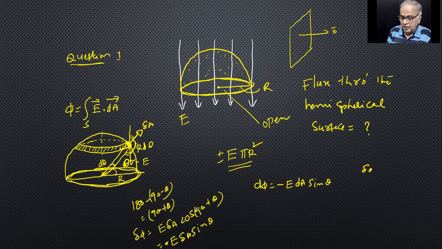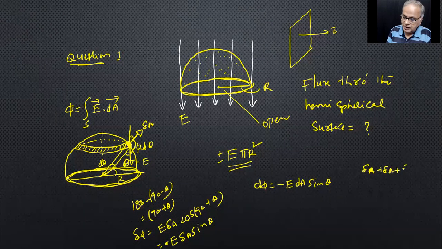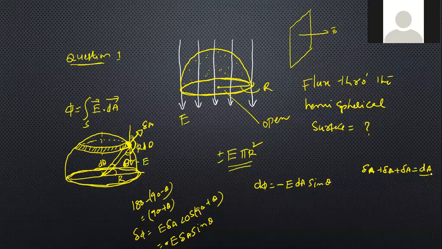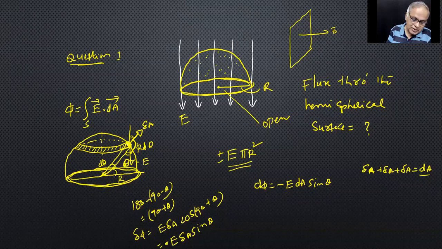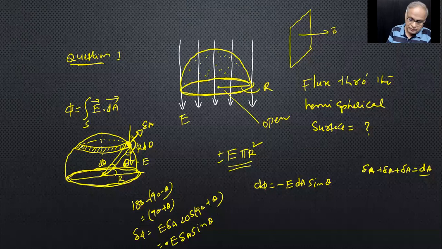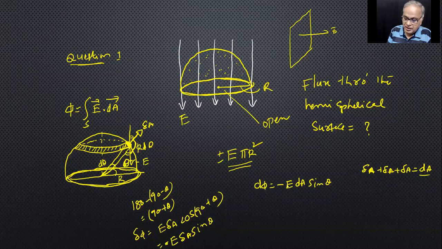Delta A plus delta A plus delta A will be dA. This delta A is a small element of the ring. So if I add E delta A sin theta, E delta A sin theta, E delta A sin theta, I will get E dA sin theta.